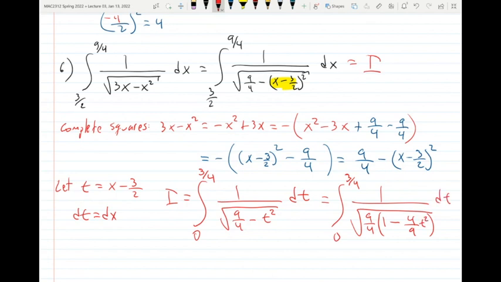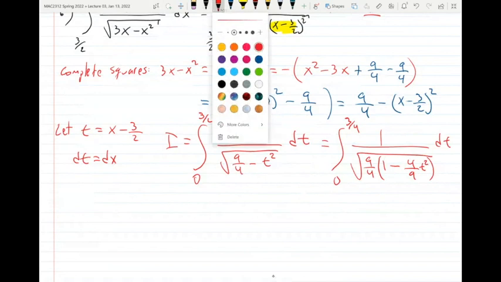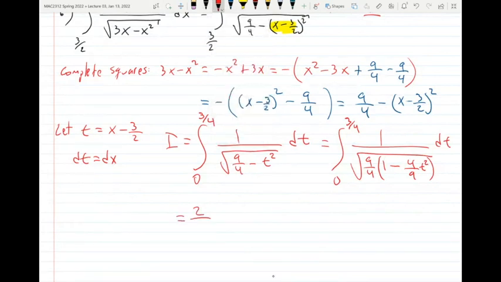dt. Now the 9/4 comes out as a 3/2 of the square root, but that's in the denominator, so that would be a 2/3 in front, because it's 1 over 3/2. That's a 2/3. And let's see.